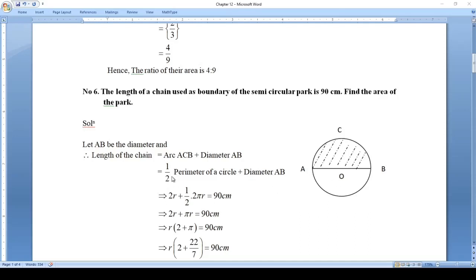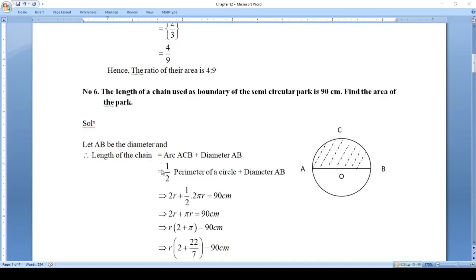Now if r is taken to be the radius, the diameter will be twice r, isn't it? Twice r plus half the circumference of a circle should be equal to 90 centimeter, the length of the chain.